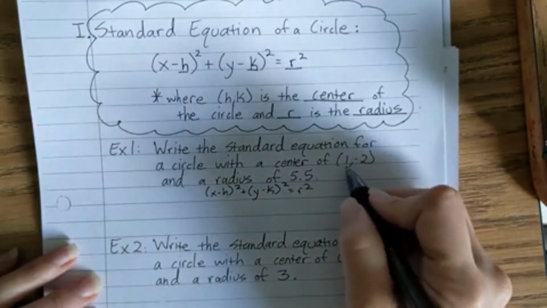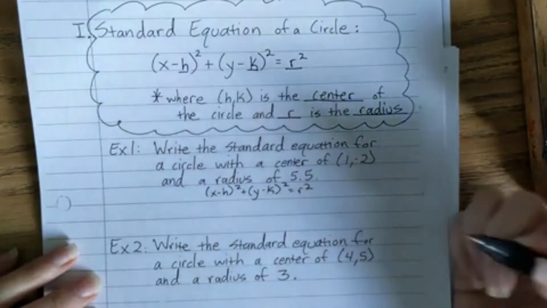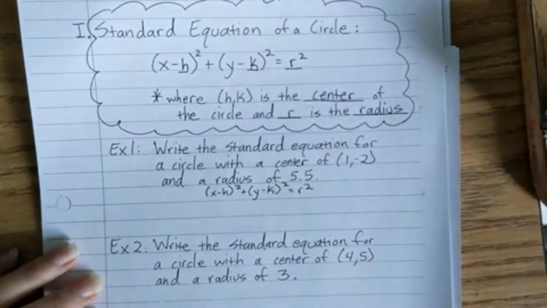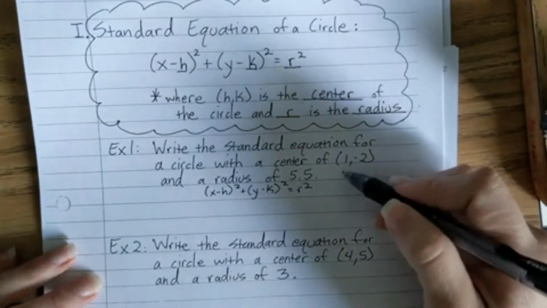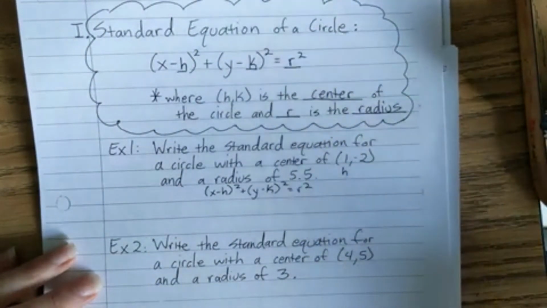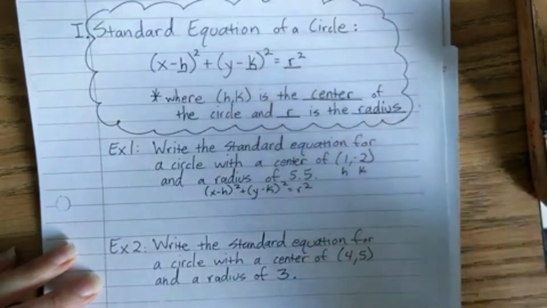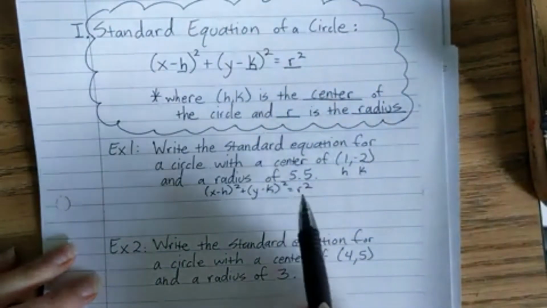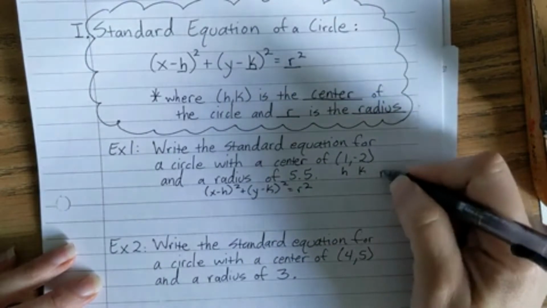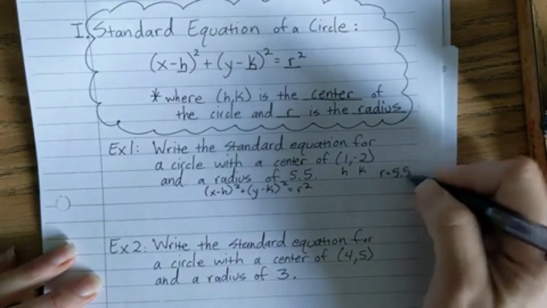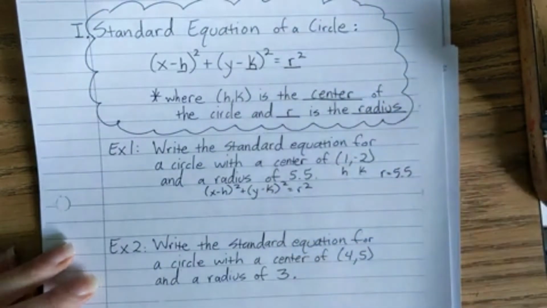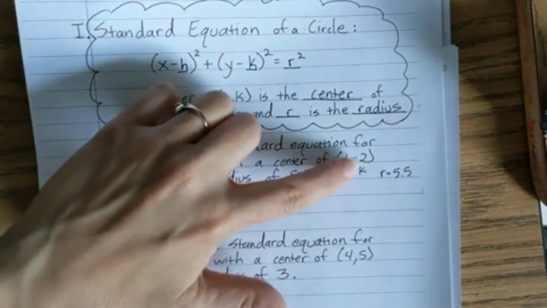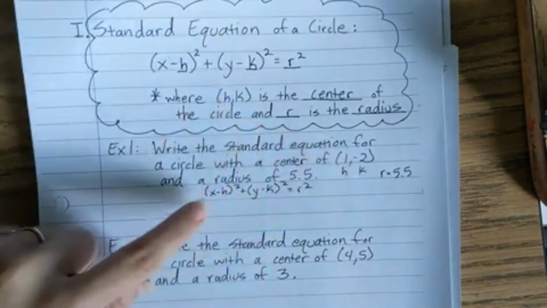I know that the first part of my center is going to be my h, and the second part of my center is going to be my k. And then the radius they gave us was 5.5. So those are the three numbers that I'm going to need: the 1, the −2, and the 5.5 to plug in here.